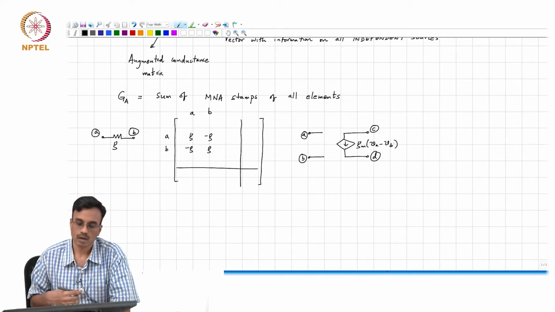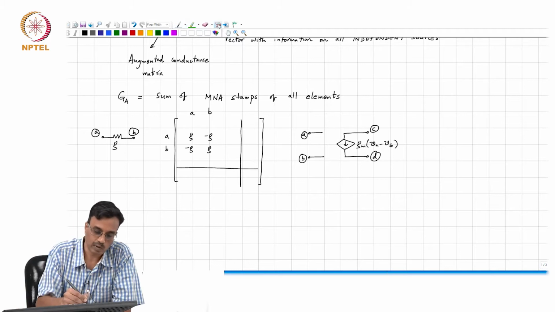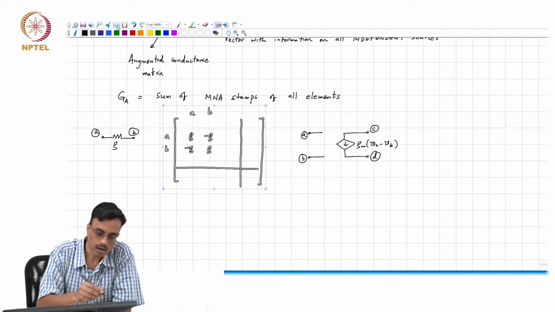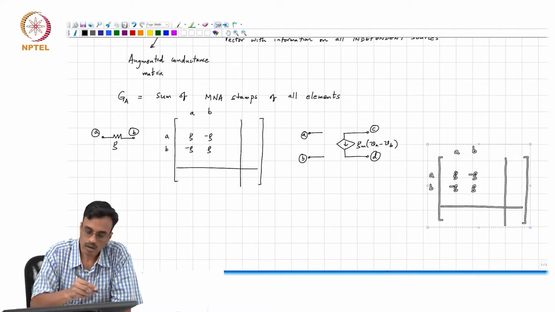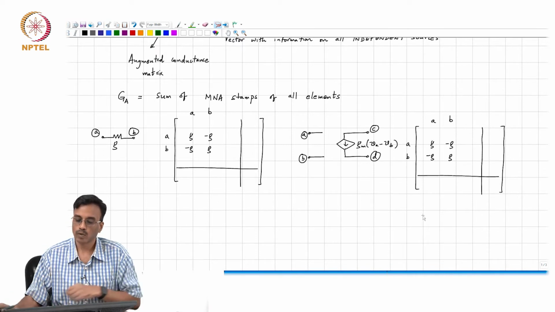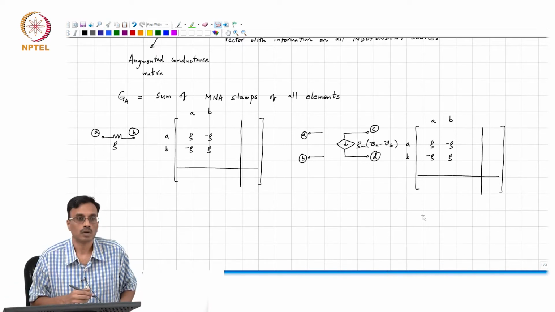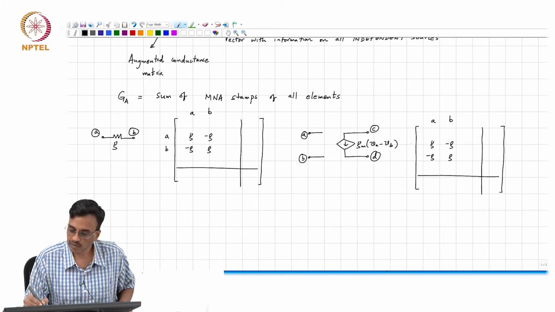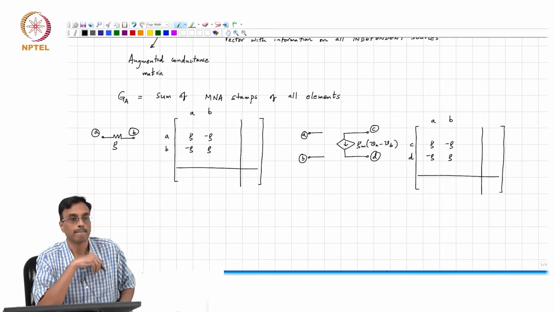And how does the stamp of this look like? What do we do? The only thing that changes is this becomes C and D. Is that clear?